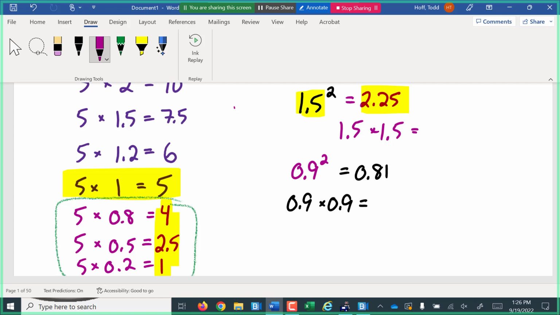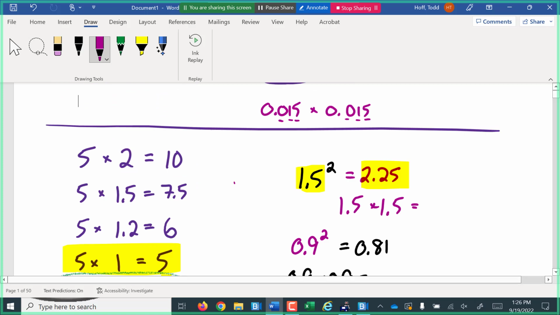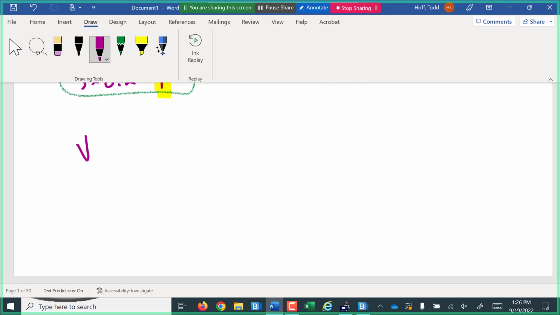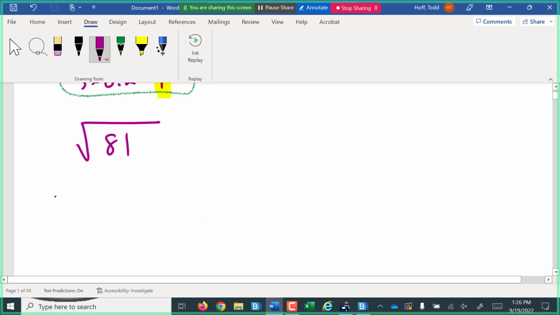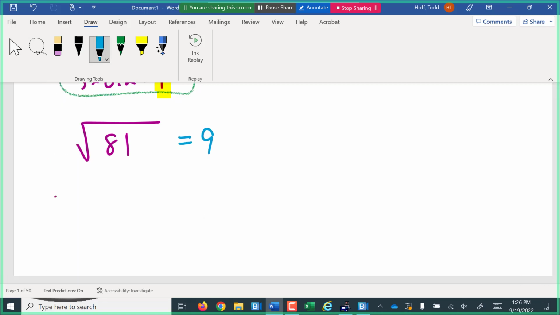And we talked briefly about roots, square roots. The opposite is true when we do square roots. If I do the square root of 81, can anybody tell me the square root of 81? 9. Good. The square root reverses squaring.